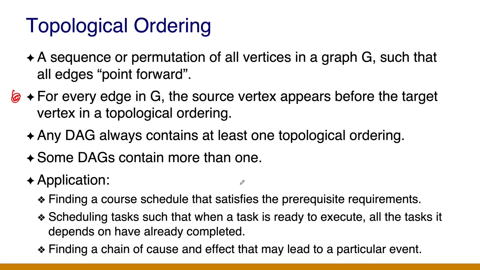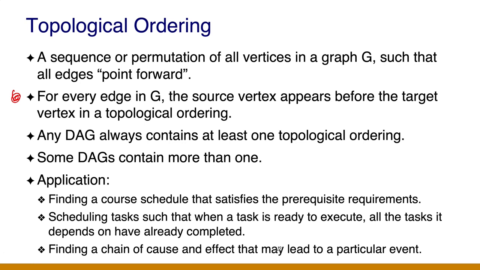If you do that, you can find a particular schedule of the courses that you can take in different semesters so that all the prerequisite requirements can be satisfied. Or if you use a graph for the purpose of scheduling tasks, again, this topological ordering will make sure that you never violate the prerequisite relationship. And the chain of events also goes as follows.